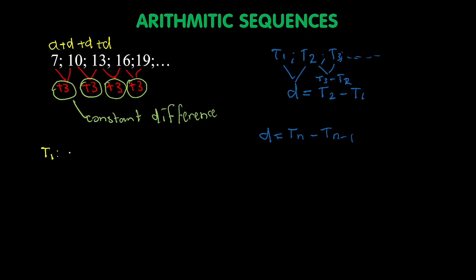Term 1 is A. To get to term 2, we'd say A plus D, because it is the first term plus the difference, which gives me the second term. Then term 3 is the first term plus D that we had in the second term, plus another D.